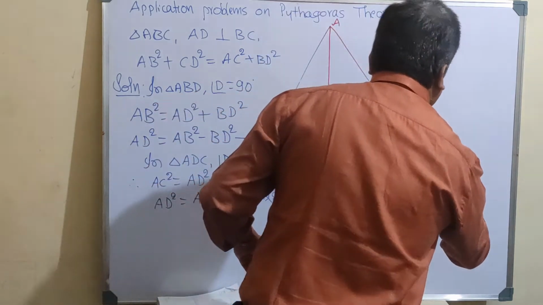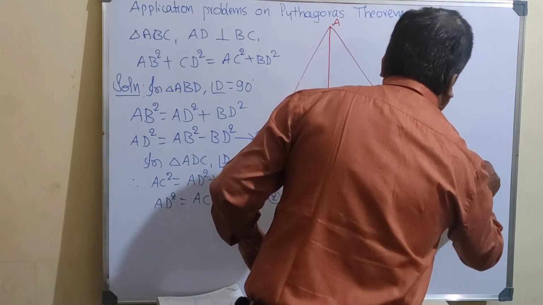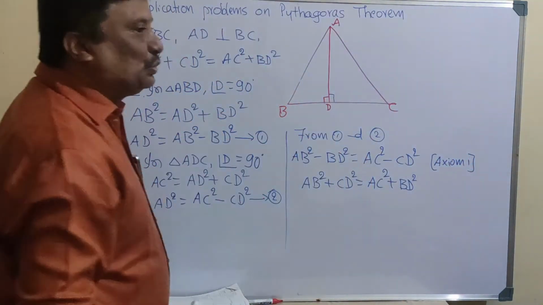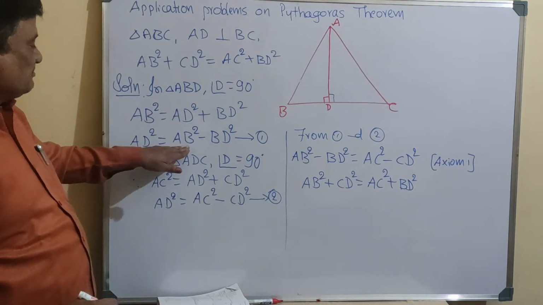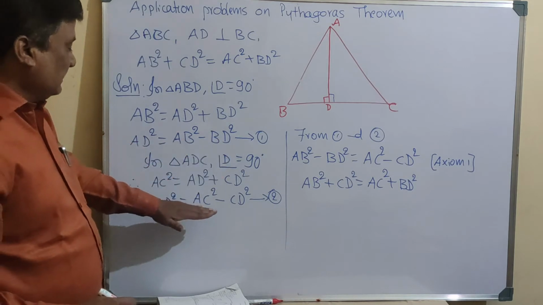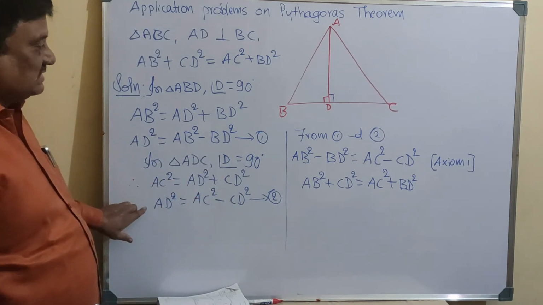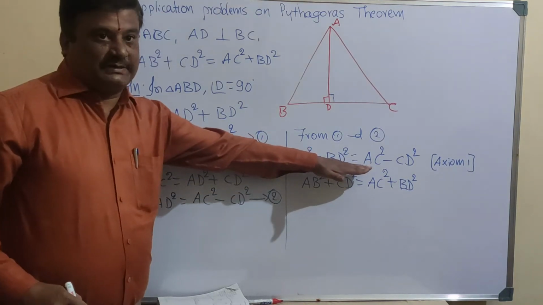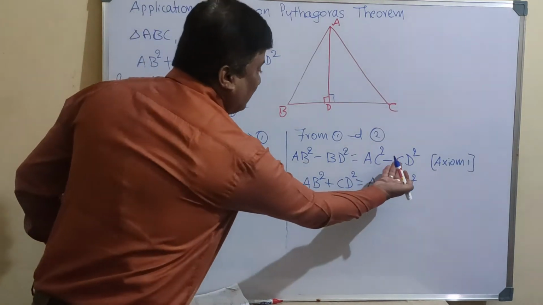And this is because of axiom 1. Axiom 1 states that two things which are equal to the same thing are equal to each other. Here AB square minus BD square as well as AC square minus CD square are equal to the same thing, AD square, so we have equated them. Understood?